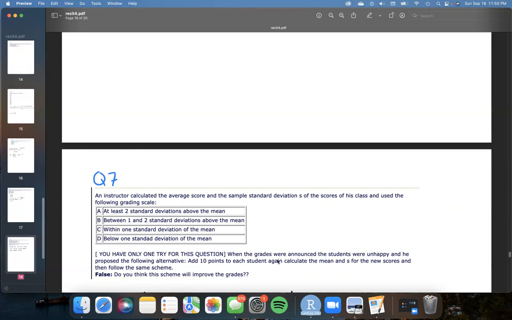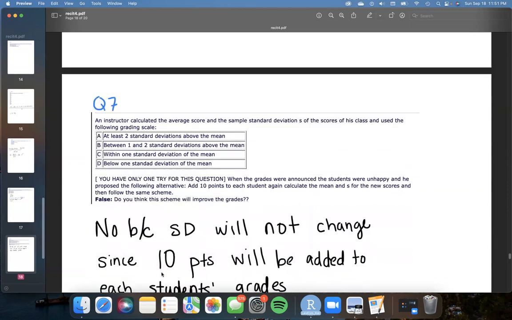When the grades were announced, the students were unhappy, and he proposed the following alternative. Add 10 points to each student's score, calculate the mean and standard deviation for the new scores, and then follow the same scheme. Do you think this scheme will improve the grades?